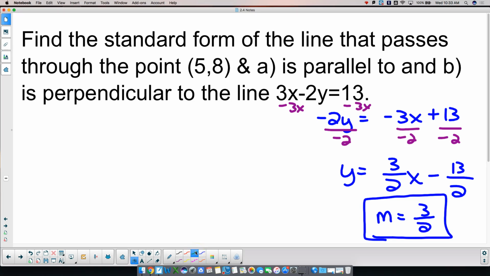Alright, so part A says I need to be parallel. I need to find the equation of the line parallel to that line. So that means I'm going to have a slope of 3 halves, and I'm going to go through the point 5, 8. Now, I have a point, and I have the slope of the line. What am I going to do to start?